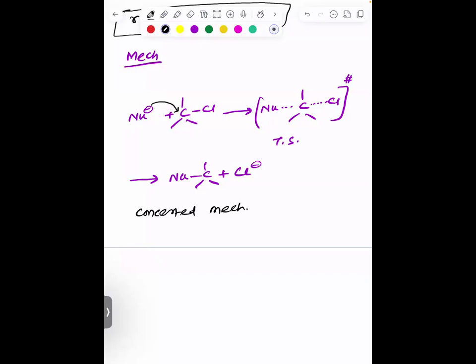It starts making a bond with the carbon, and simultaneously the bond between the leaving group and carbon center becomes weaker.